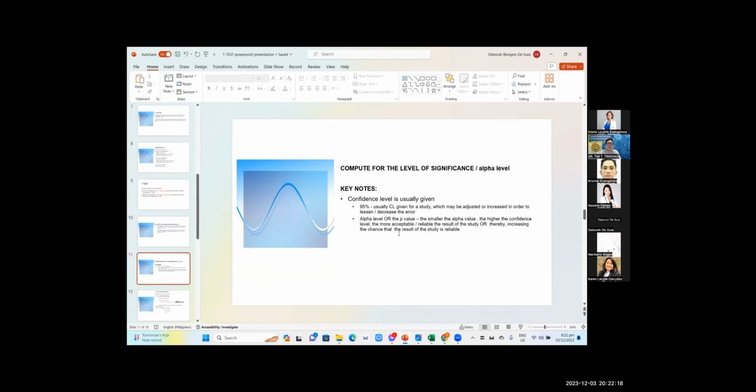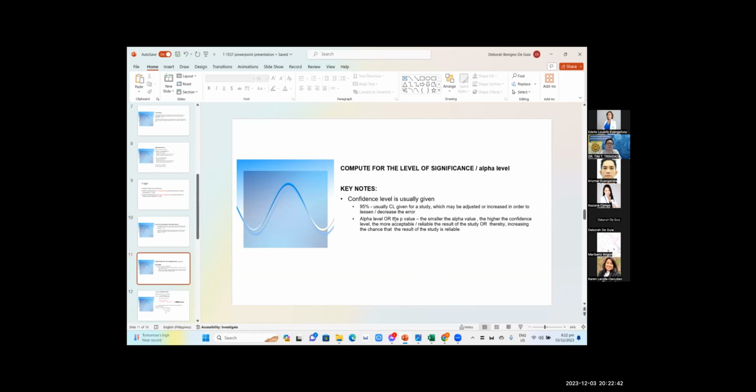Just to remind us that usually the confidence level is given, which is around 95%. As sir mentioned, it should be around the middle. So usually it is already stated in a study, and it can actually be adjusted, increased or decreased in order to lessen or decrease the error.